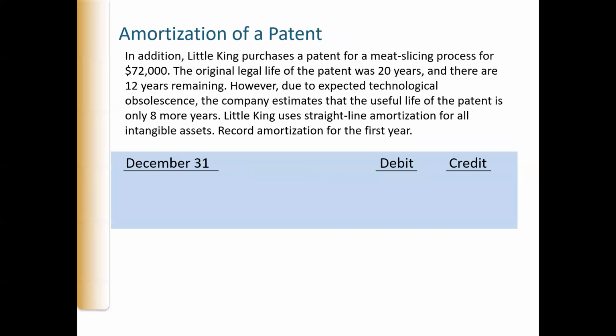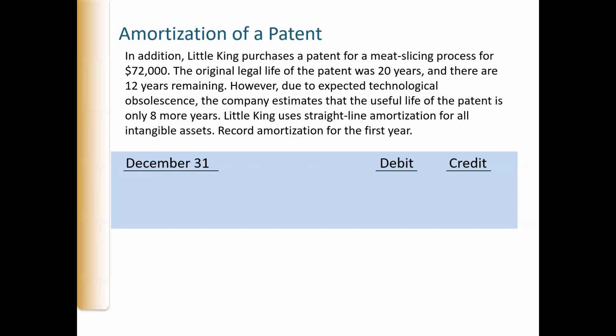In addition, Little King purchases a patent for the meat slicing process for $72,000. The original legal life of the patent was 20 years, and there are 12 years remaining. But due to expected technological obsolescence, the company estimates that the useful life of the patent is only 8 more years.